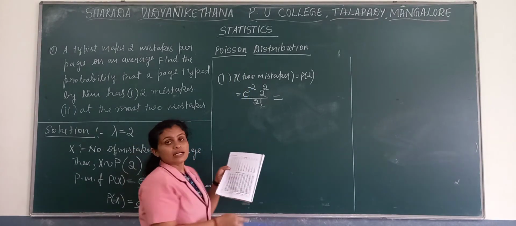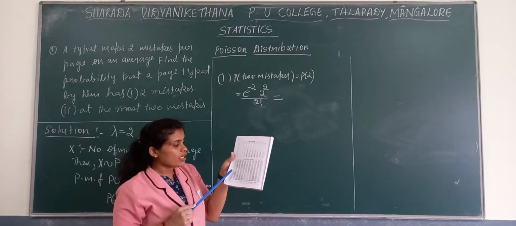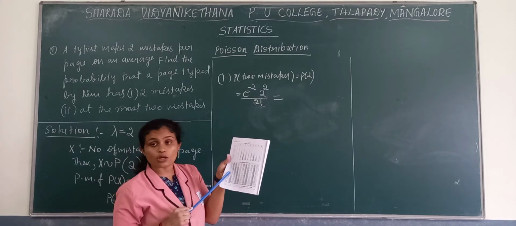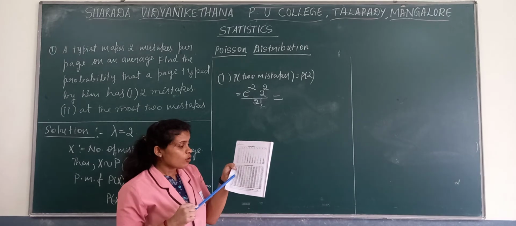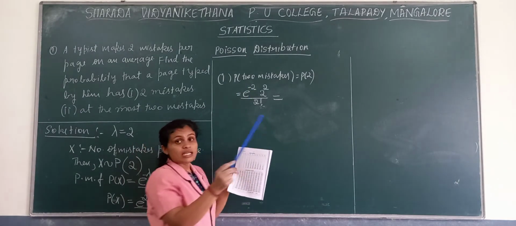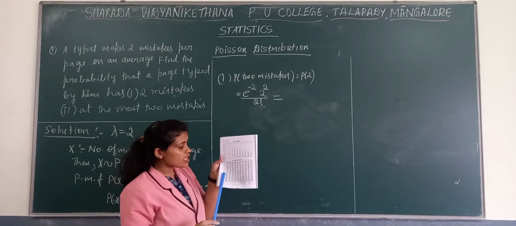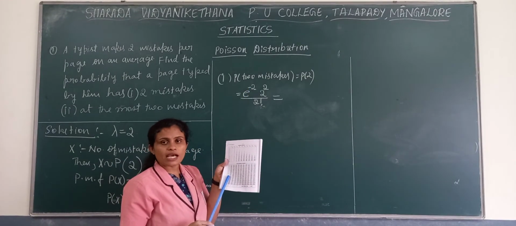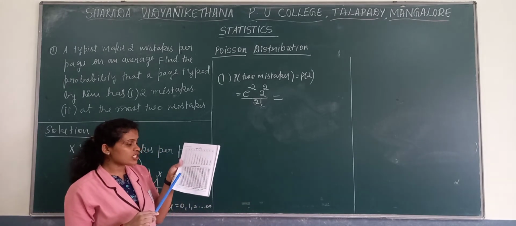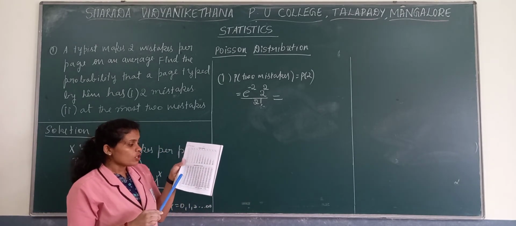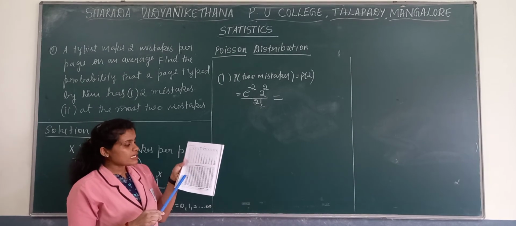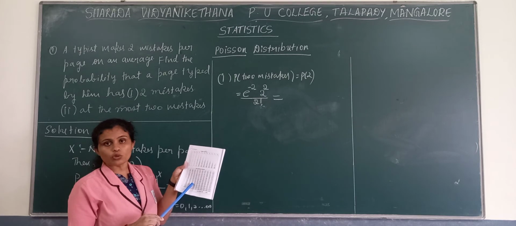Since our lambda value is 2, after 0.0, 0.1, up to 0.9, after that 1 point, 2 point, 3 point numbers are there. Since it is 2, we have to look in the 2 point. If it is 2.1, 2.2, we don't have those here. If it is 2.0, 2.1, that means second row, first column, then second row, second column, 2.2.